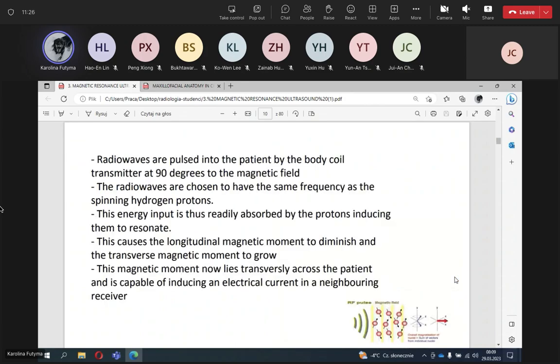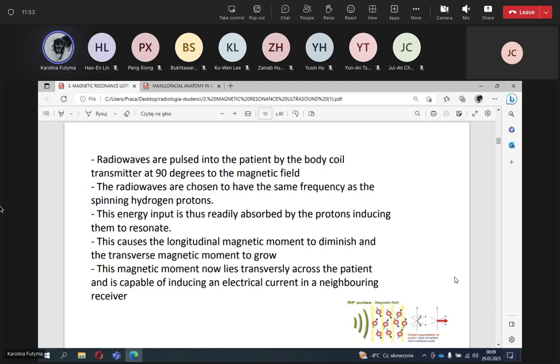Radio waves, this is one more time to understand the examination. Radio waves are pulsed into the patient by the body coil transmitter and at 90 degrees to the magnetic field, and this is really helpful for their energy to resonate.